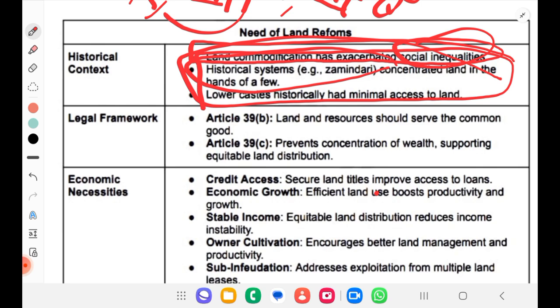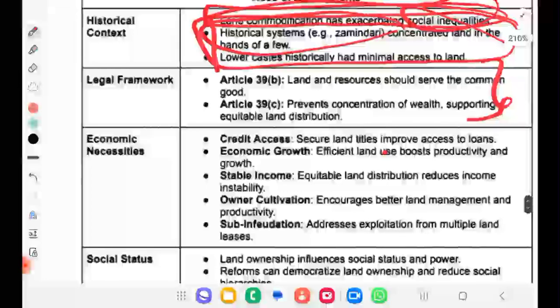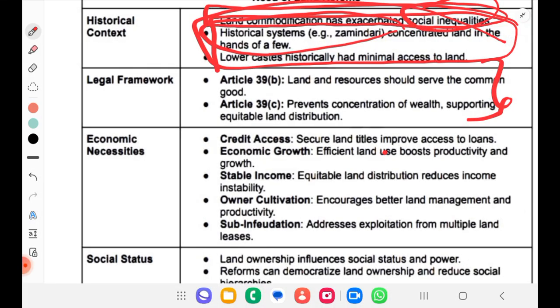Then, according to the legal framework, Article 39(b) and (c), I already mentioned this before. There should be no concentration of wealth in one person or entity, and there should be equal distribution of resources and land. Economic necessities like credit access: secure land titles improve access to loans. One of the problems we saw is lack of insurance and credit because there is no documentation.